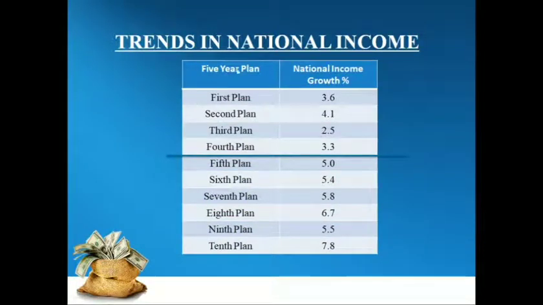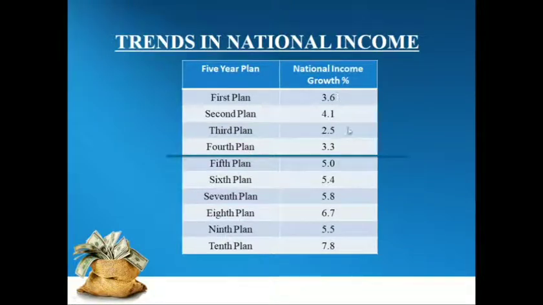The next one is trends in national income. Here we are going to study the trends in national income in India. We are going to study the 5-year plans and the national income growth percentage achieved in each 5-year plan. You could see that from the first 5-year plan to the 4th 5-year plan, it was less than 5%.